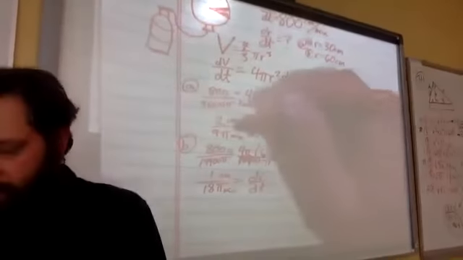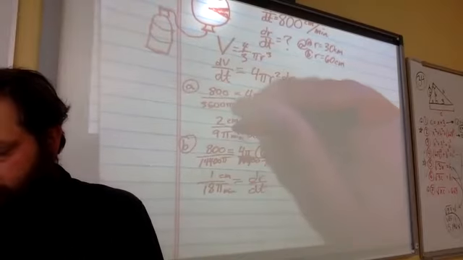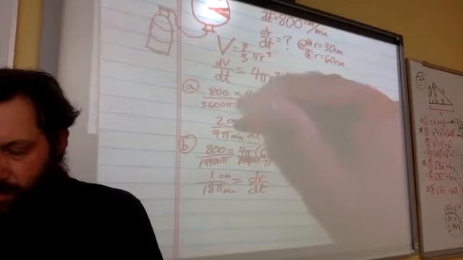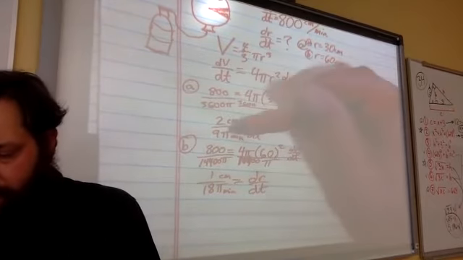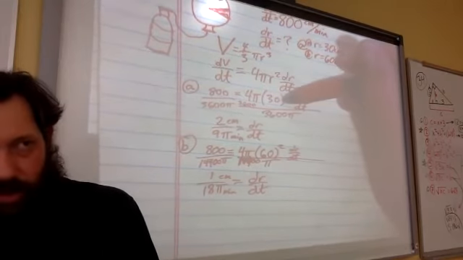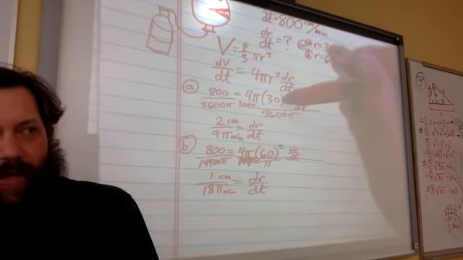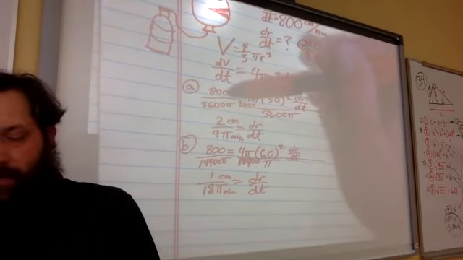Wait, which one of those is bigger? The top one. This one's bigger. They're smaller numbers. So the radius is changing faster when the radius is smaller, because there's less space to fill to make the radius, you know what I mean? Yeah, we have to think backwards, right? Because now we have a constant volume coming in.